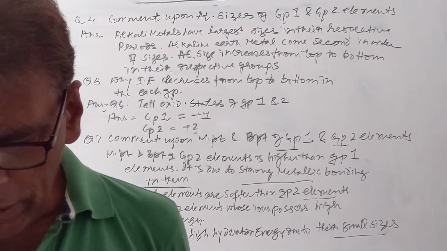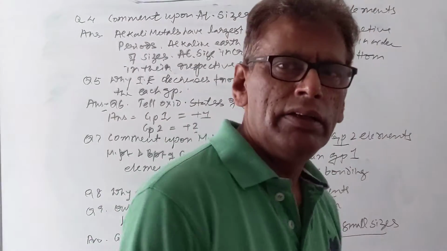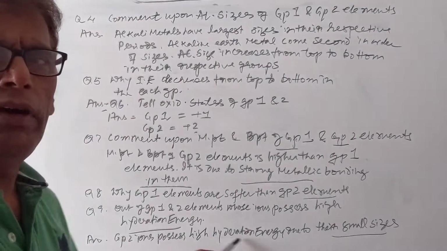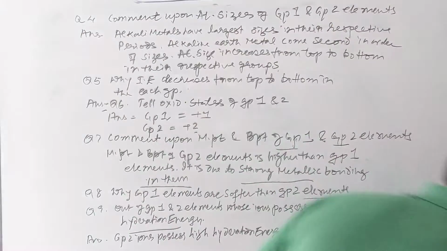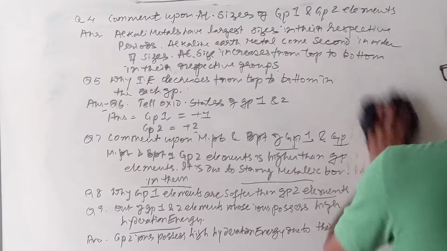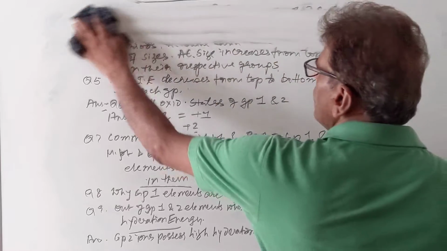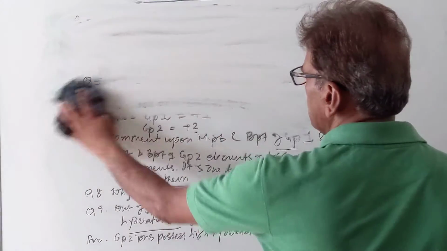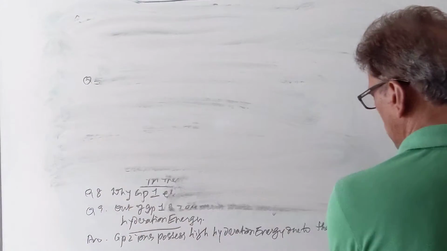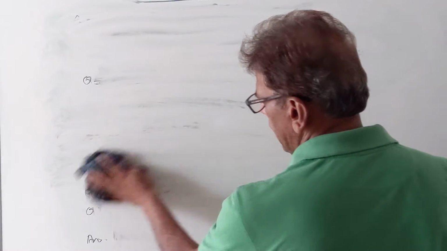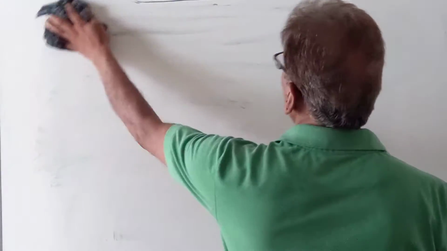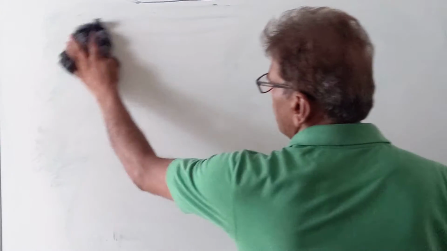Then, why do alkali and alkaline earth metals give color to the flame? Let us see the reason for that. Beryllium and magnesium, due to their small sizes, do not give color to the flame. But other elements of group 1 and group 2 provide color to the flame.